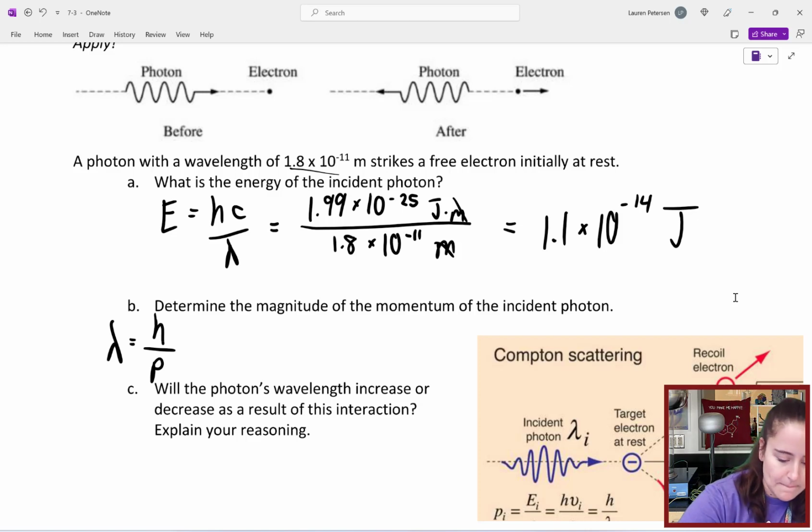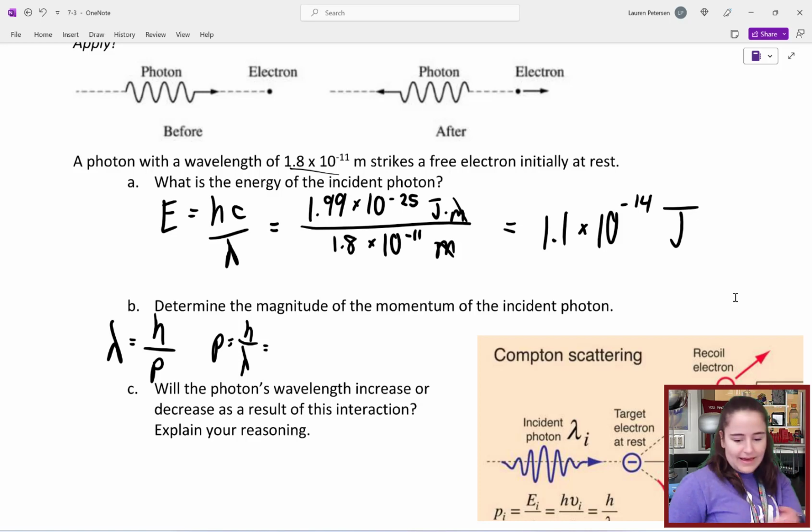So the momentum then is h over wavelength. So we have h, which is 6.63.